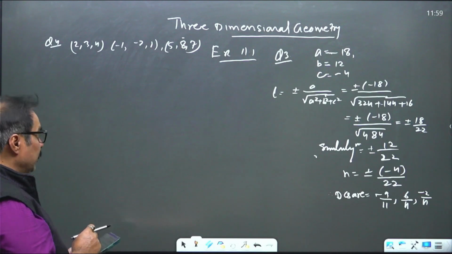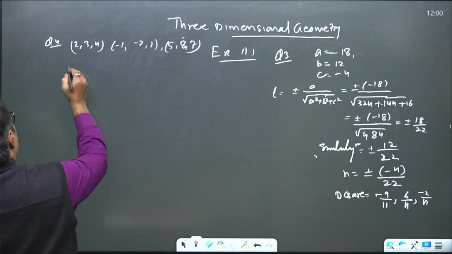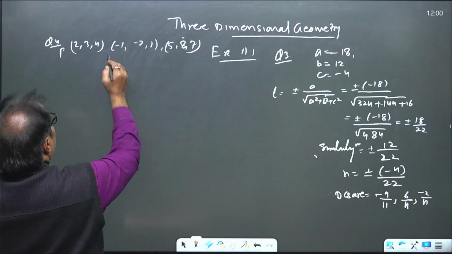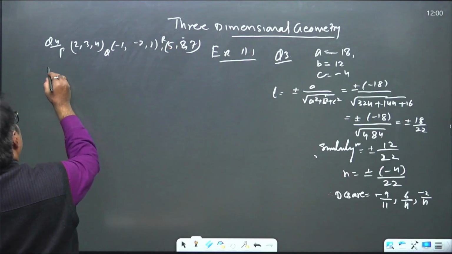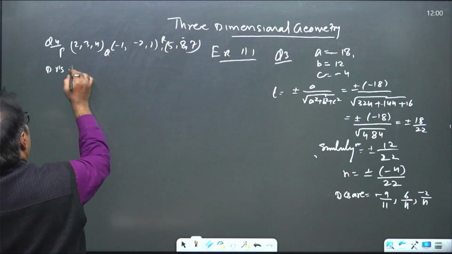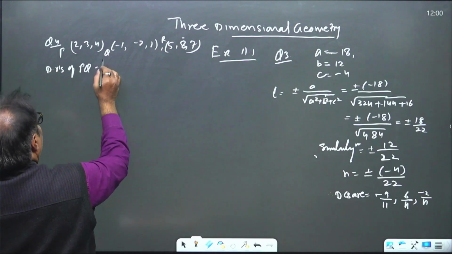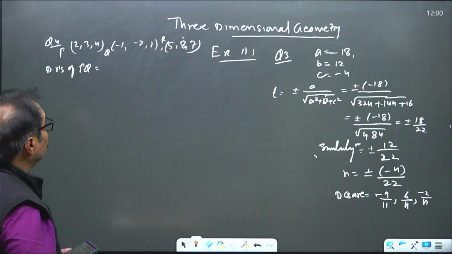collinear. Collinear means we let this point be P, this point Q, and this point R. Then find the direction ratios of PQ by applying the formula x2 minus x1.